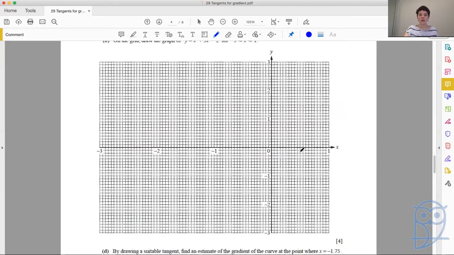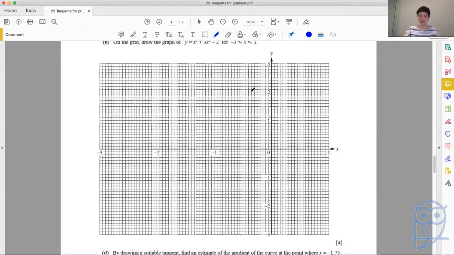So drawing the graph on the grid, we have minus 3 is minus 2. Again, you would take the time to draw this beautifully accurately. Minus 2.5, 1.13. We have minus 2 gives us 2. Minus 1.5, 1.38.